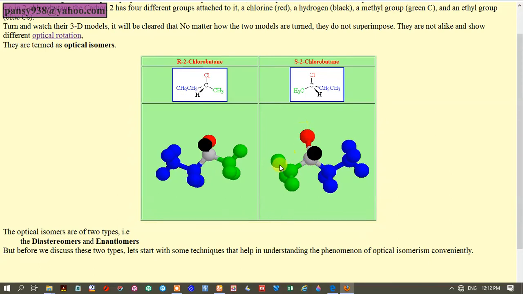So all four groups attached to this carbon atom are different, and this carbon is called a chiral carbon. Such compounds in which a chiral center is present and both isomers are mirror images of each other bear optical activity. So they rotate the plane of polarized light in different directions.